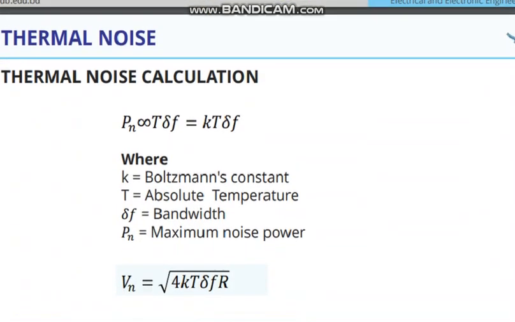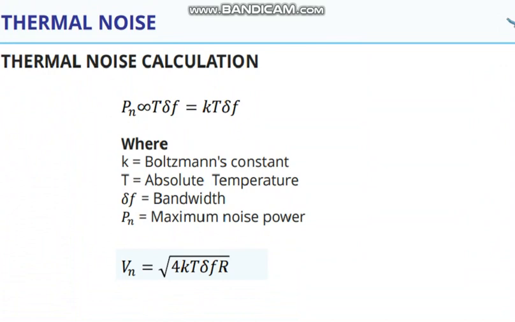Thermal noise calculation. That is the basic thermal noise calculation, the law or the equation. Pn is the maximum noise power, and that is proportional to the absolute temperature T and the bandwidth, delta F is the bandwidth.